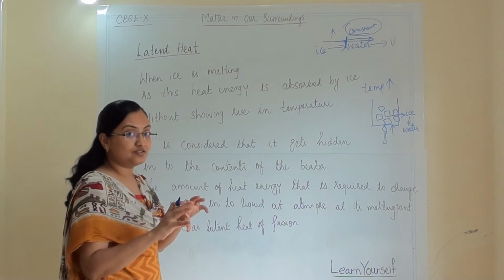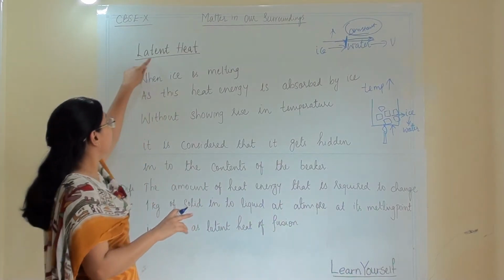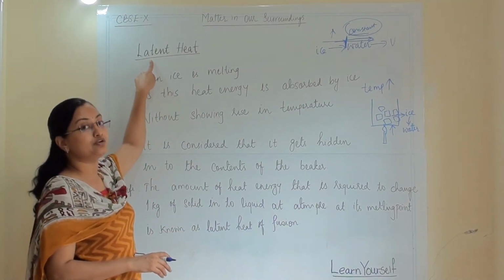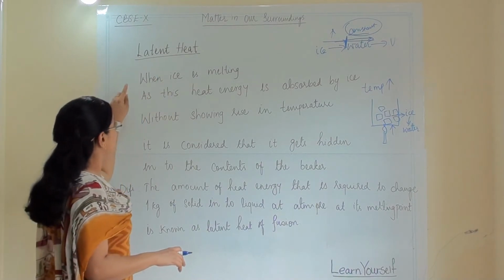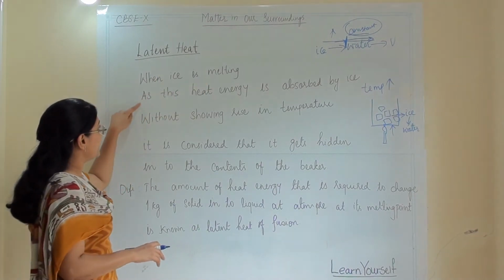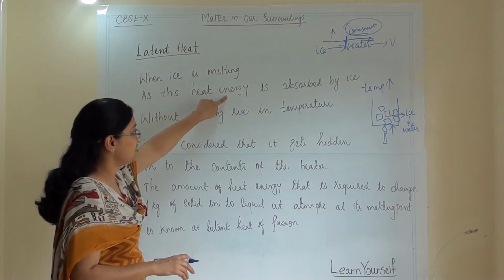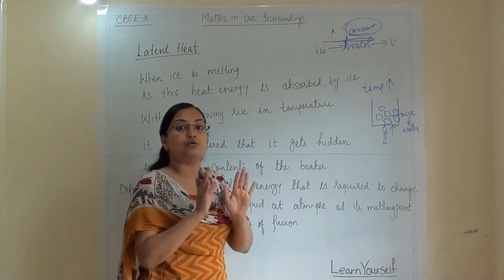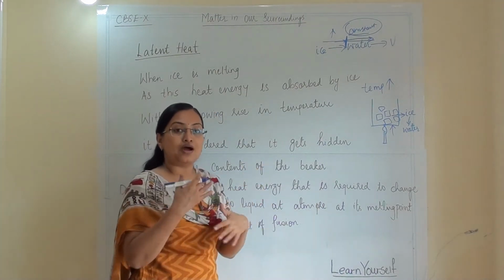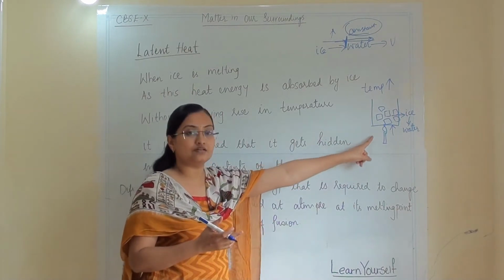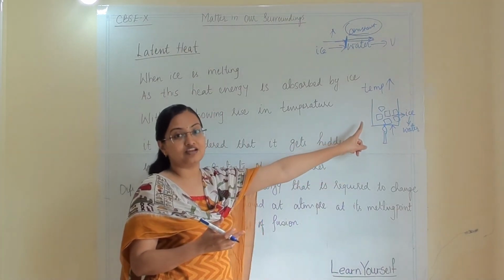This energy, this heat, we know as the latent heat of fusion. So when ice is melting, whenever we are talking about energy here, you have to assume that it is the heat energy we are giving to the beaker.